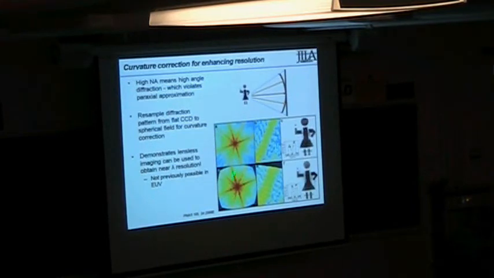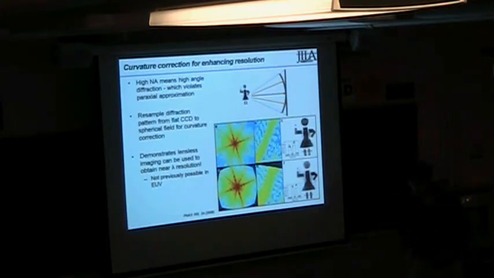But if we do this, we're ignoring some of the information that's in the data, which is that what we're actually seeing here is a slice through the 3D Fourier transform of the object. So there's actually some information about the spatial frequencies in depth of the object as well.